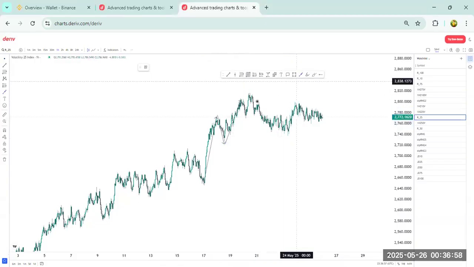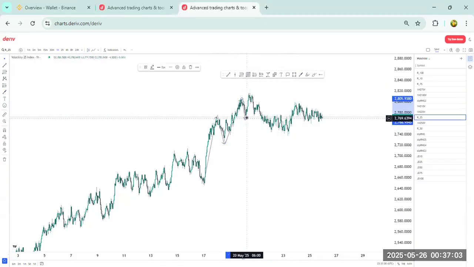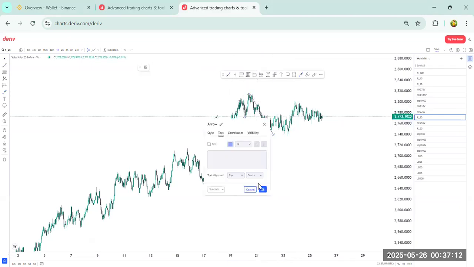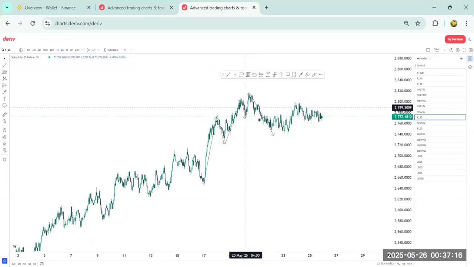We had a retracement, another big move, and then we had a market structure shift here. We had a market structure shift.